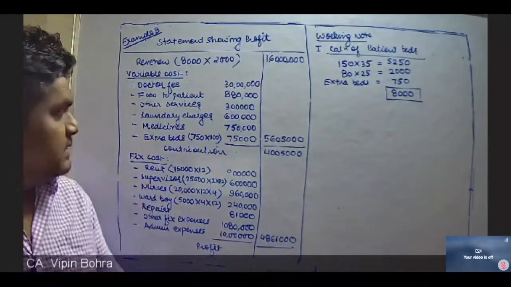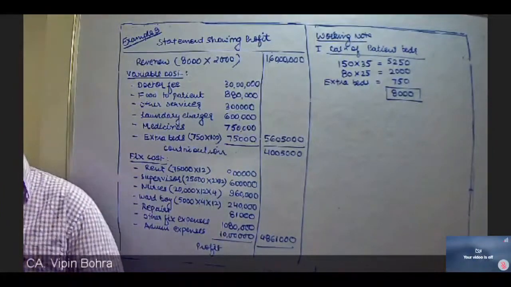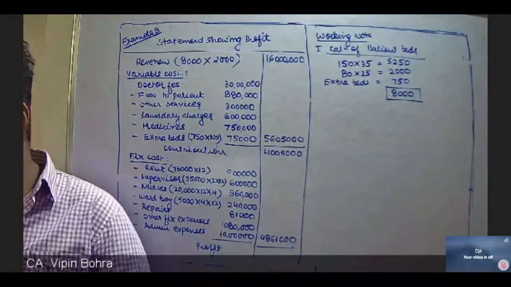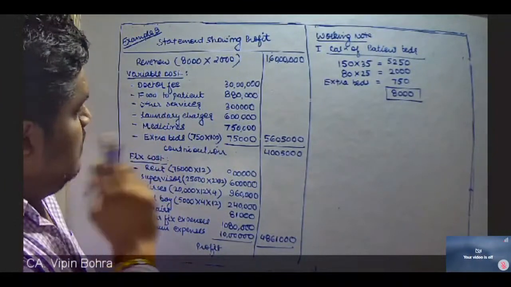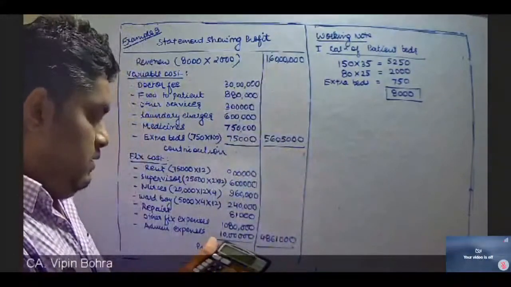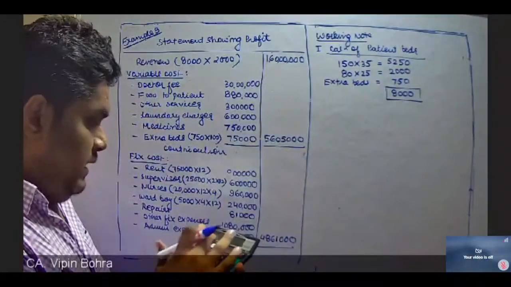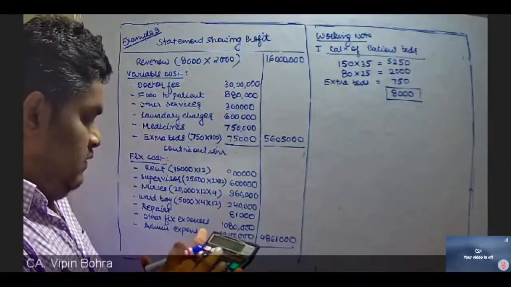I think I made some calculation mistake. Guys, sorry, it is not... 1 crore 60 lakh minus 56,05,000.